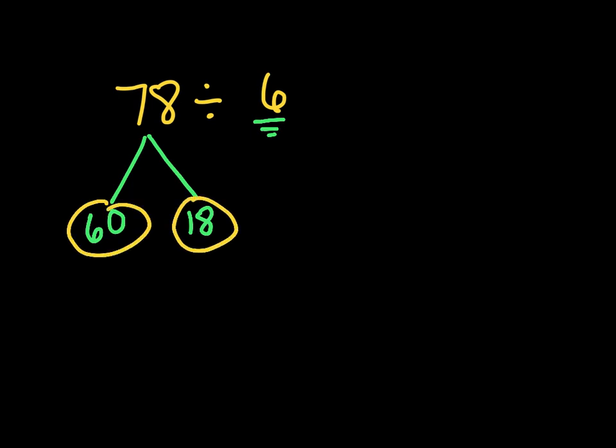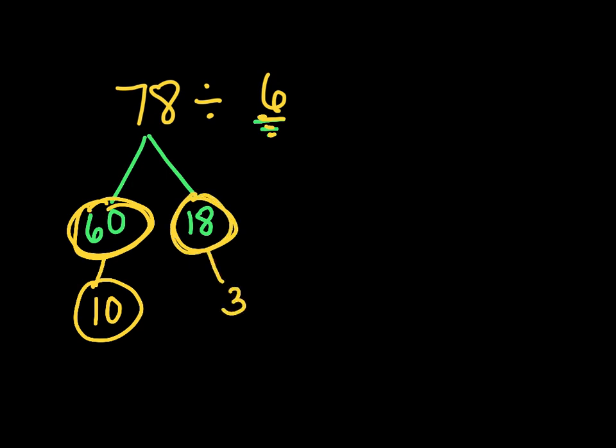Now I can divide. 60 divided by 6 is going to give me 10. Then 6 goes into 18 3 times. And when I join these two partial products up, we get 13.